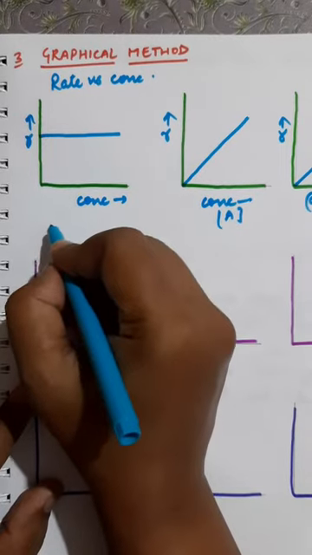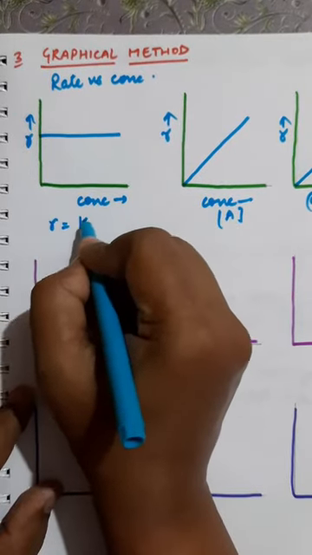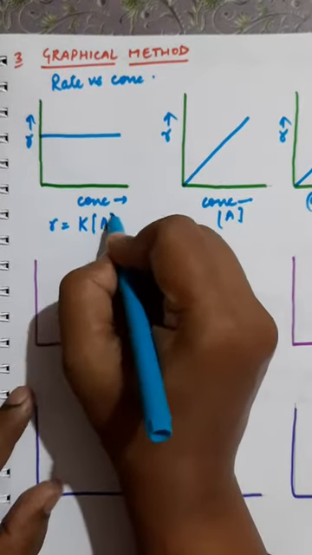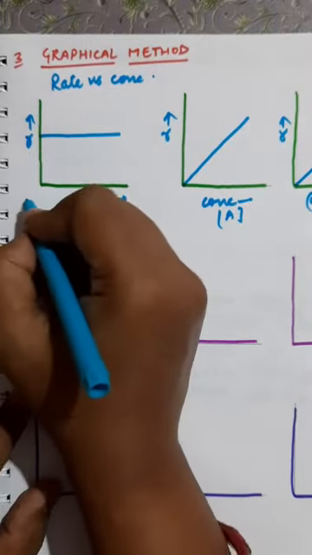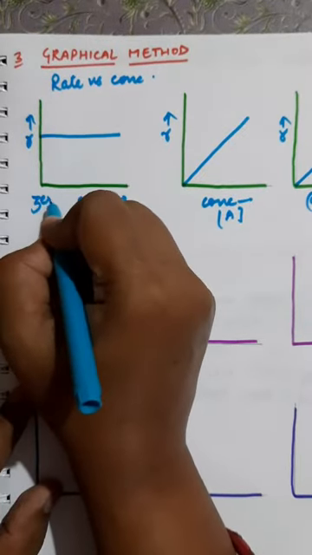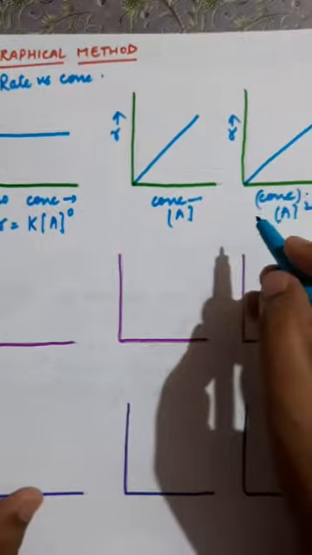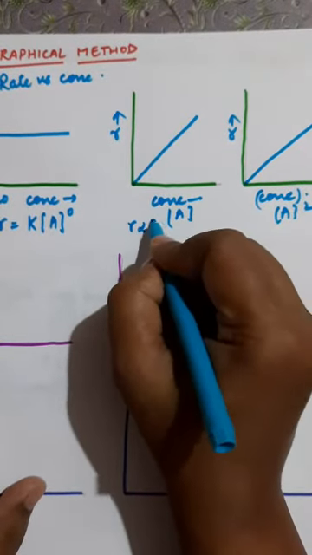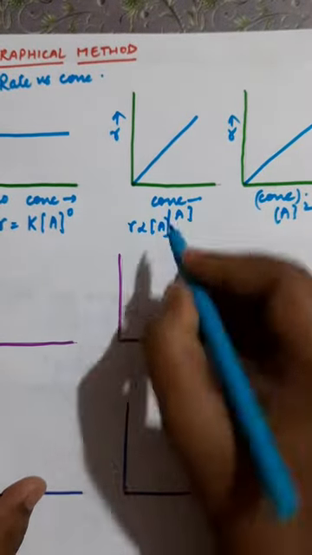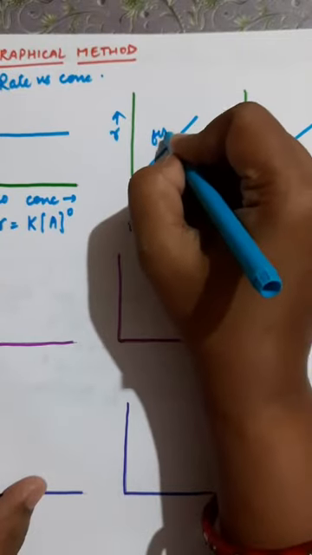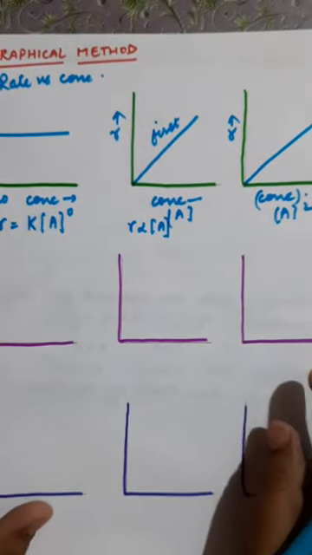So this is the graph for zero order: rate is equal to K, independent of concentration. For the second one, rate is directly proportional to concentration A. That means it is a first order reaction, the graph for first order reaction.